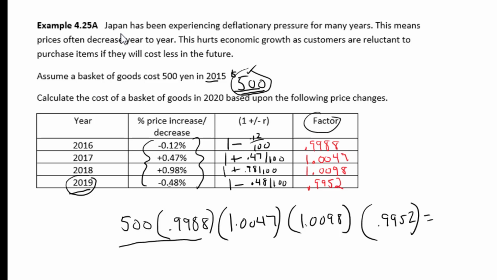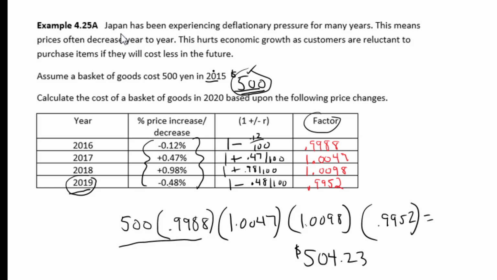Just like that. And when you put it on pause again, check it on your calculator, make sure we get the same result. And rounding to 2 decimals, I get 504.23.